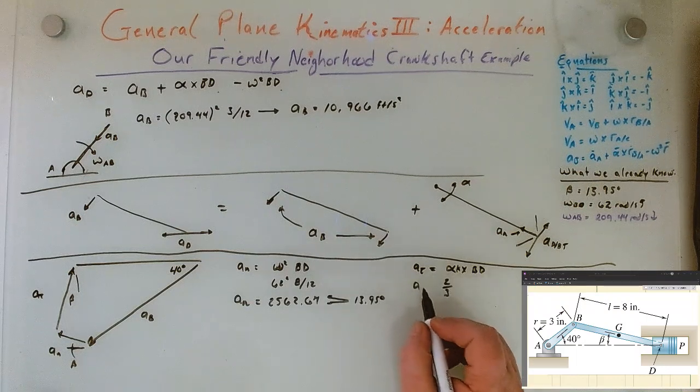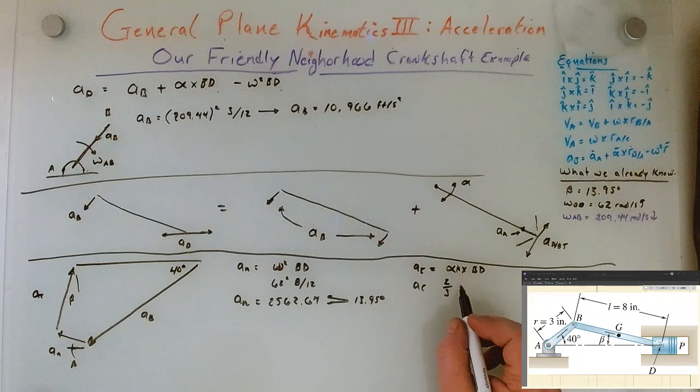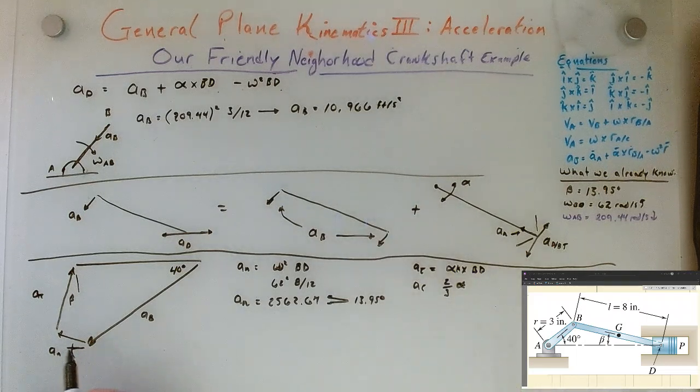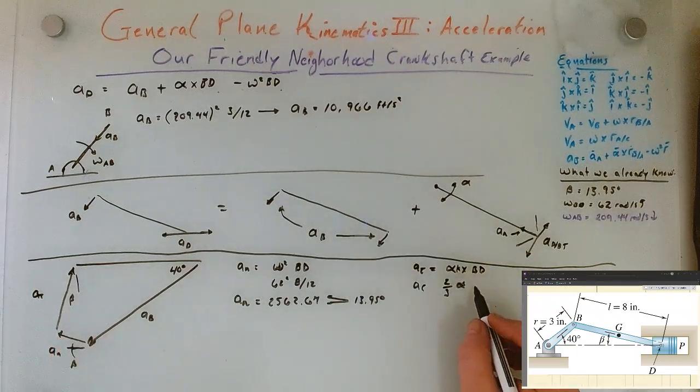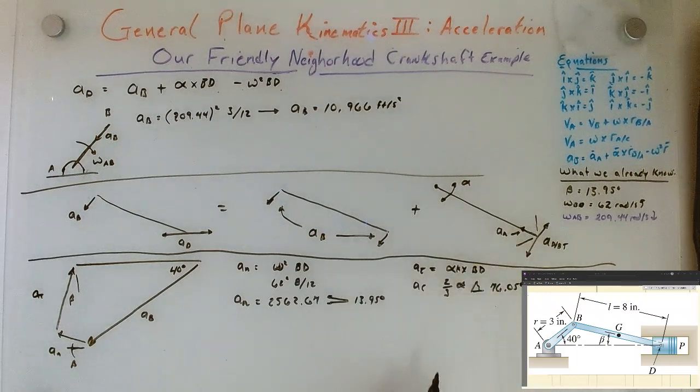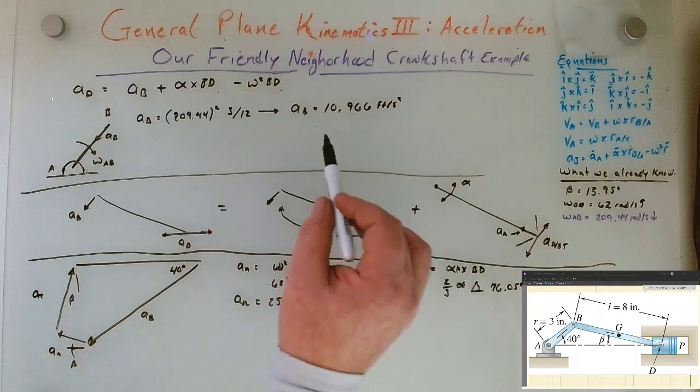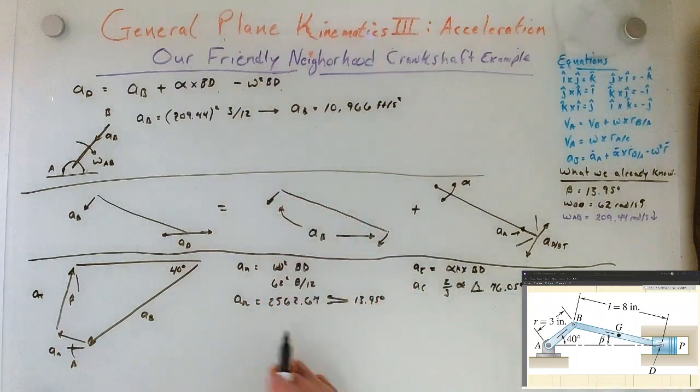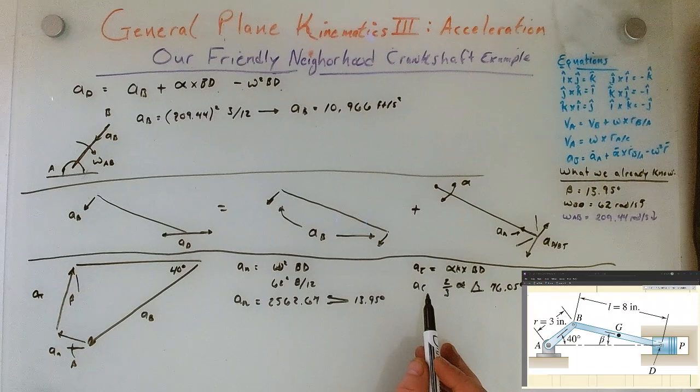So a sub t is 2/3 alpha, and which direction is this? The t direction is going this way, so it's like that, and that is 76.05 degrees, right? And so we have our three values, right? We've got a sub b, we've got a sub n, and we've got a sub t.